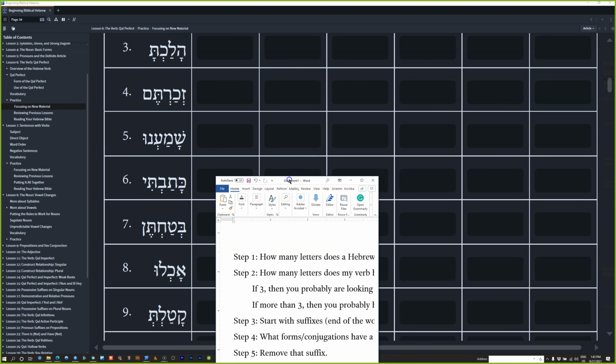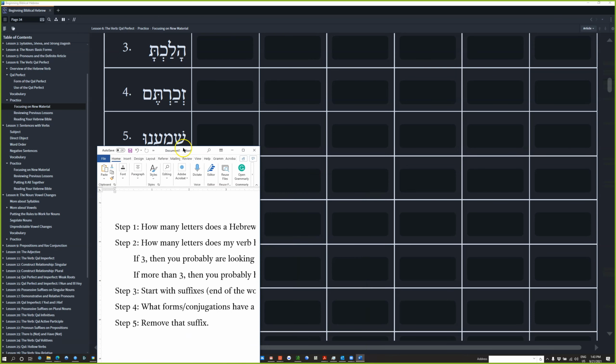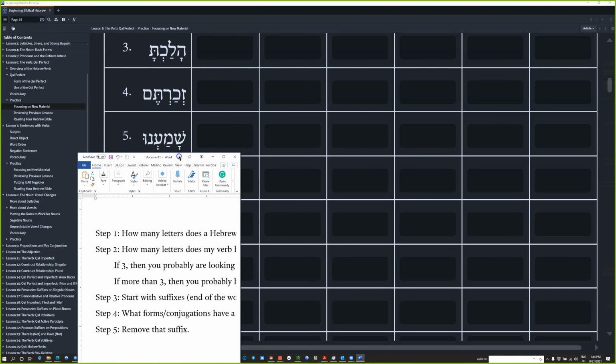Well, it is correct. Here's what I would say: at this point, the letters are going to tell you 90% of what you need to know. So if we cover up the vowels and just look at the consonantal letters, we see our noon shurik suffix, so we take that off. We see our root, shin, mem, ayin, and we ask ourselves, have I seen shin, mem, ayin as a root? Now, you may not recognize this without looking at the vowels.